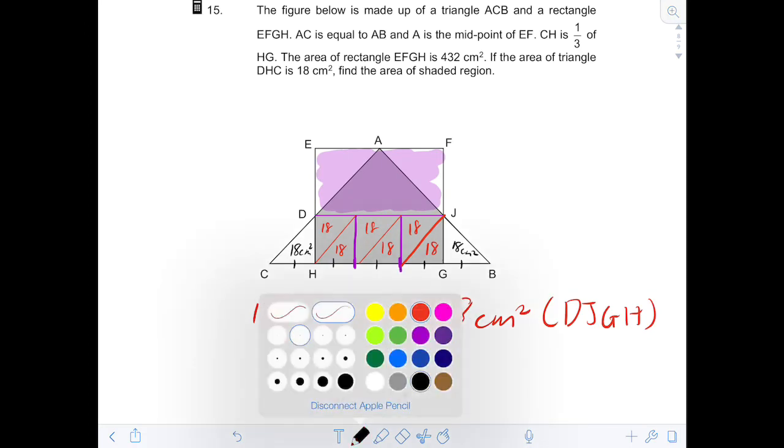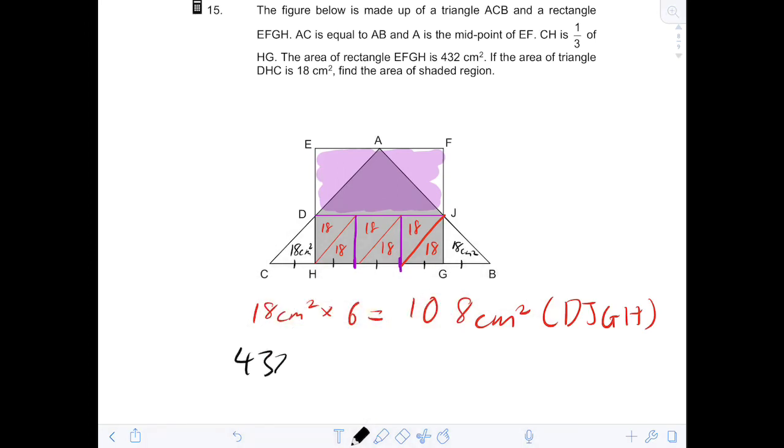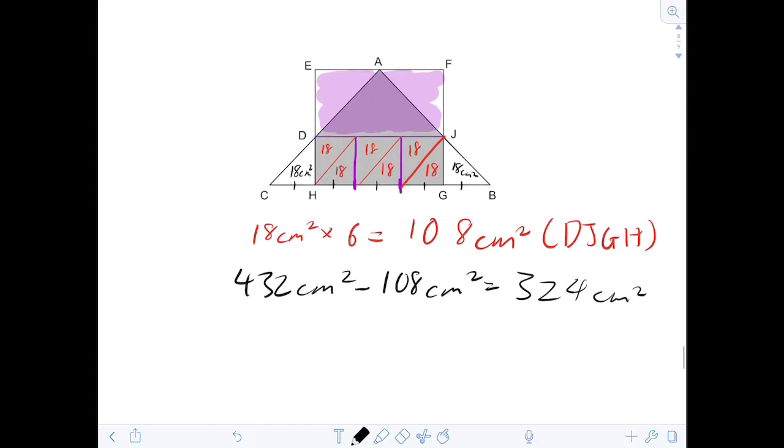So all you need to do now is take your 432 minus off the 108, which is the DJGH, the one below that you just found. You will get 324. This is actually the area of the top part, the purple color shaded part.